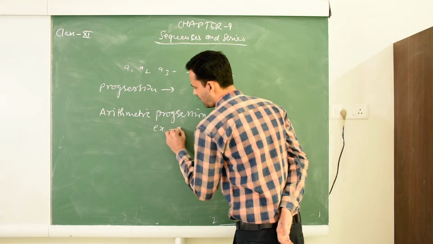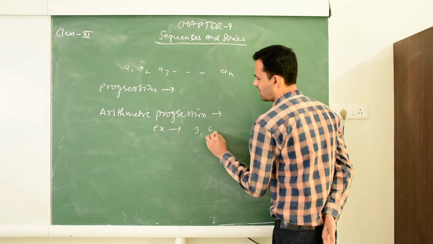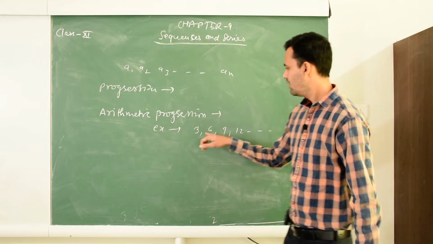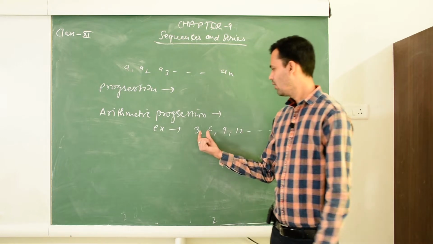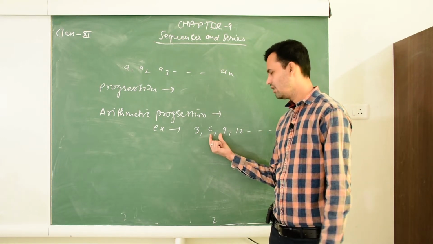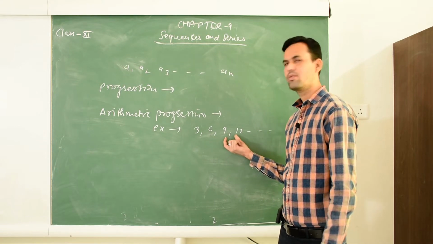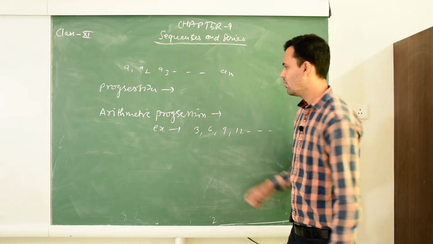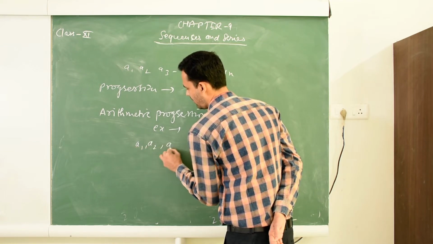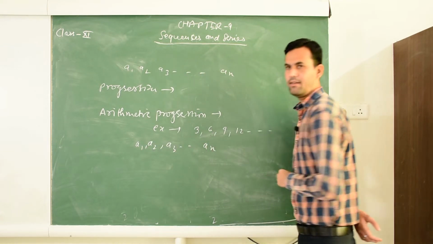For example, 3, 6, 9, 12, and so on. In this progression we have the same difference of 3 between the terms. So the arithmetic progression is A1, A2, A3 up to An.